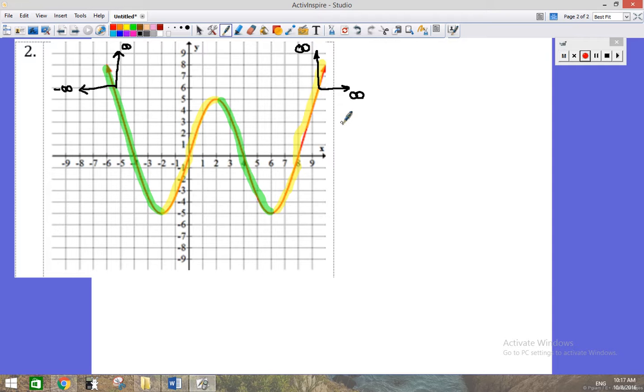Alright, so if we're looking at where the graph is increasing, that's highlighted in yellow. So we're interested in the x-coordinates of these points. Here, the coordinates of the point are -2, -5. The temptation for some students is to get confused and accidentally give the -5. We need, for the interval notation, to always use the x-coordinates.